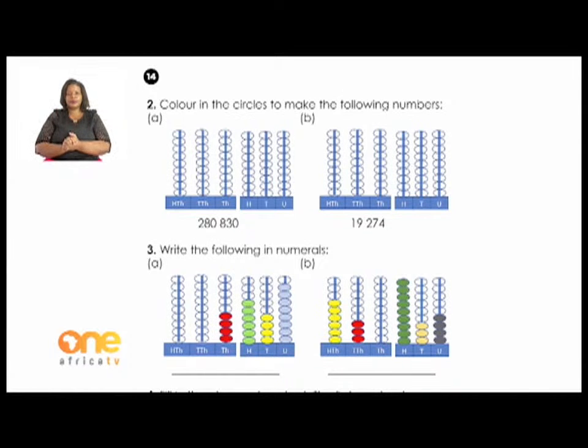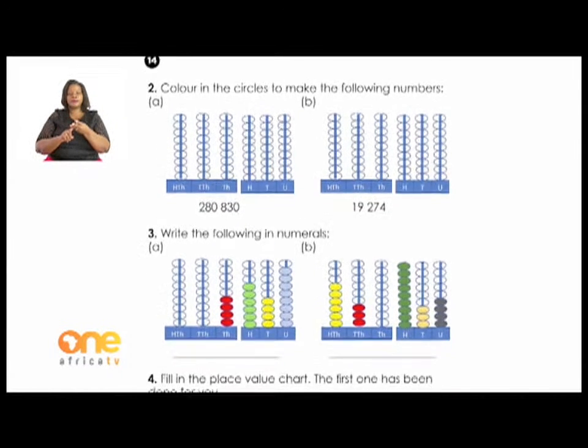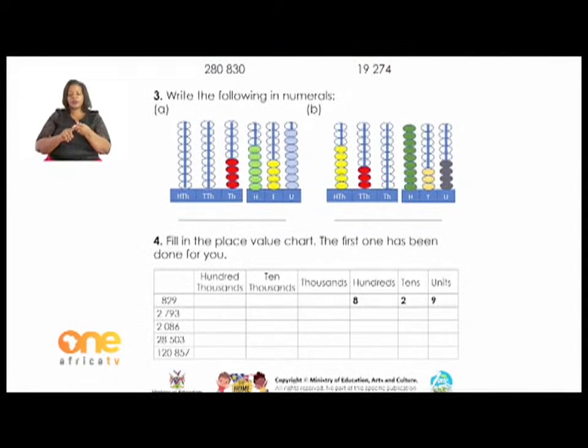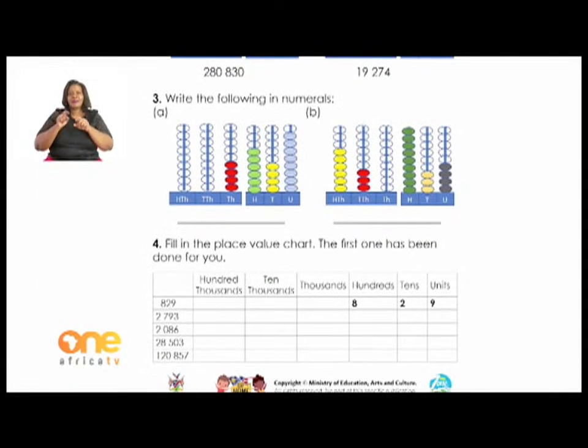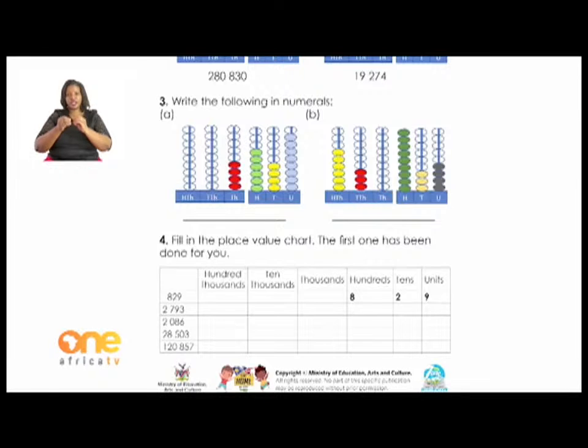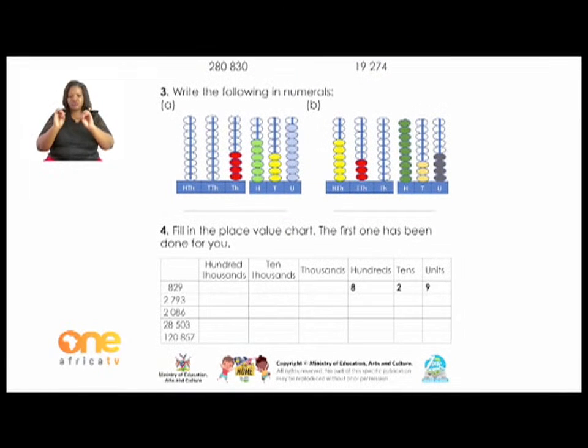Number 3, write the following in numerals. Here numbers are not written. All you have to do is write them down below the place values, and then write them nicely on the line.